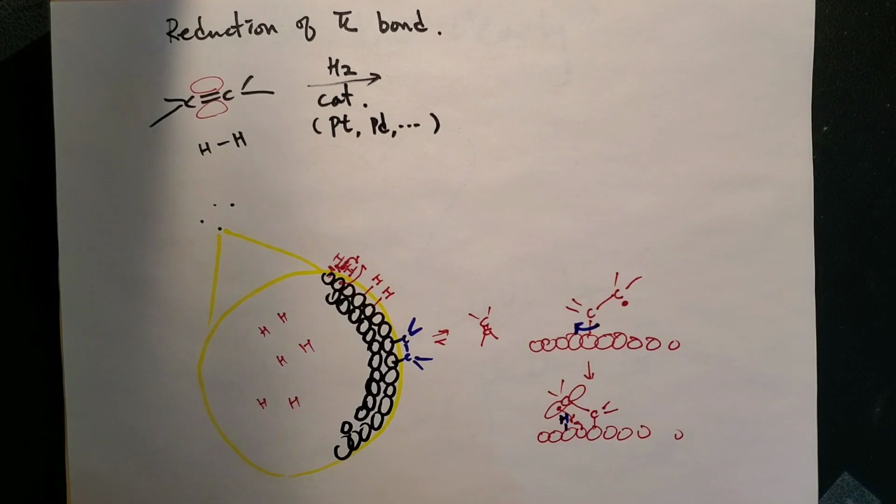In the same way, the other carbon is going to break a bond, because in the equilibrium it's always possible. Then the radical can pick up the hydrogen nearby.